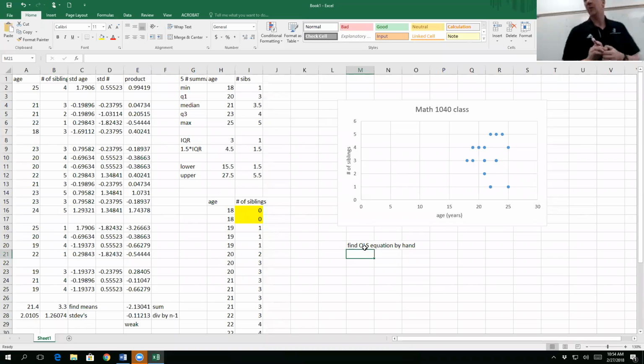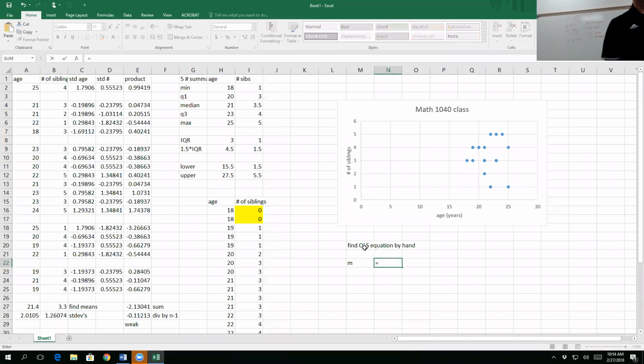Okay, so now we've actually found our r already, right? So my m in this case is going to be negative 0.112 times s sub y.